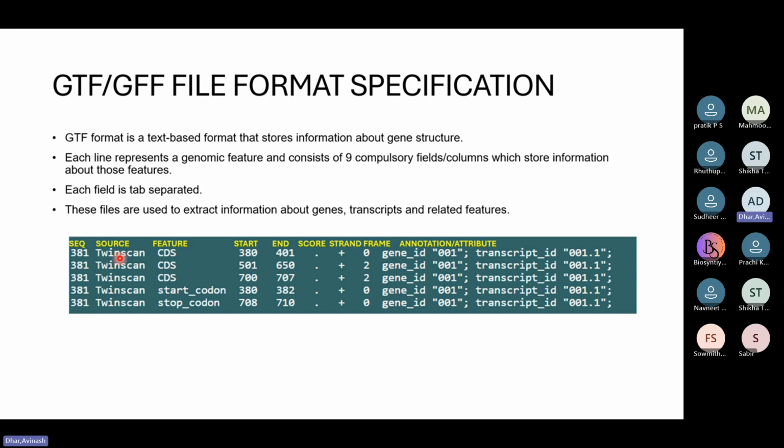Source, as I had said, is the program or tool that was used to predict this GTF file from the genome. The third column talks about the feature, whether it's an exon, a gene, a CDS, a start codon, a stop codon, and so on. Start and end represent the starting position and ending position of this particular feature, in terms of base pairs.